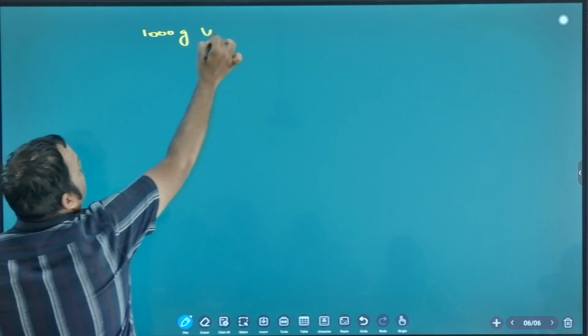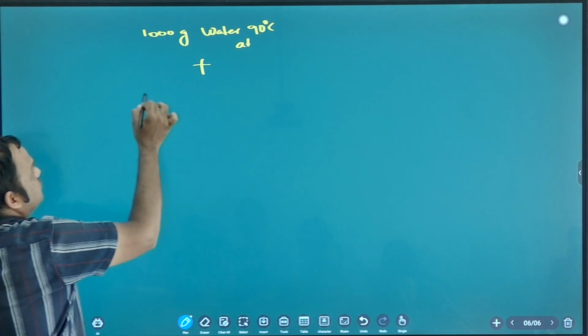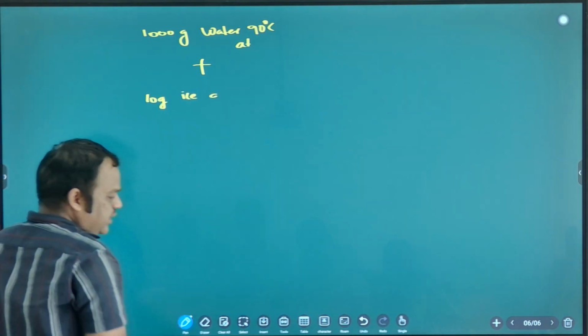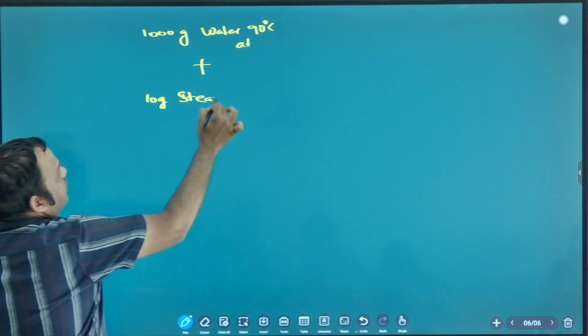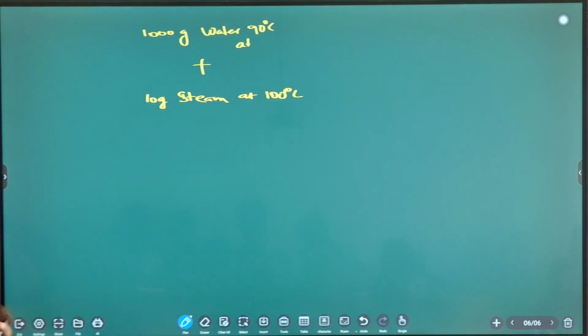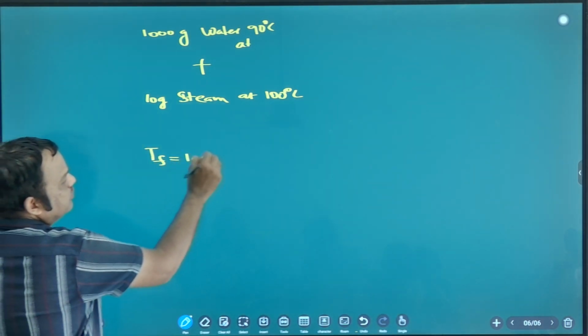1000 gram water at 90 degrees Celsius is mixed with 10 gram steam at 100 degrees Celsius. Okay, now you solve. So what is the first possibility? TF equal to 100.